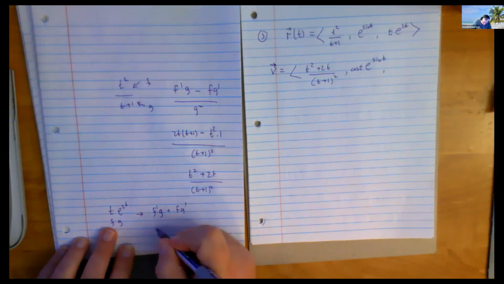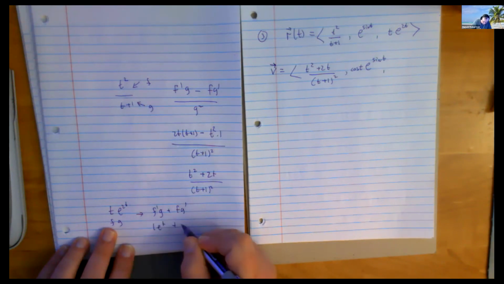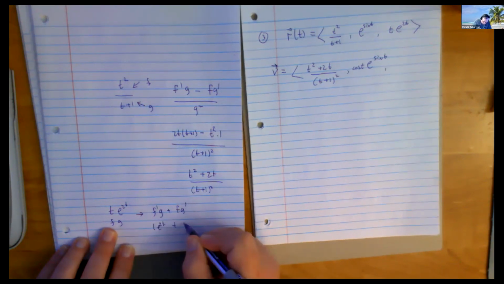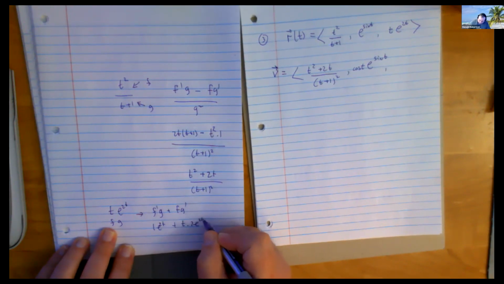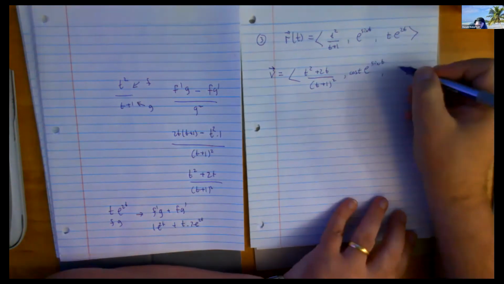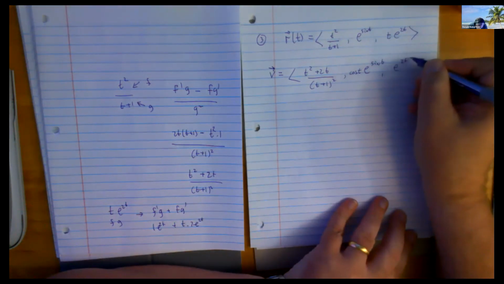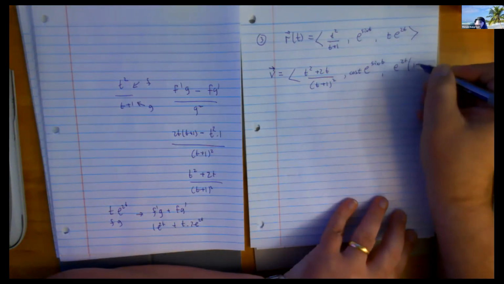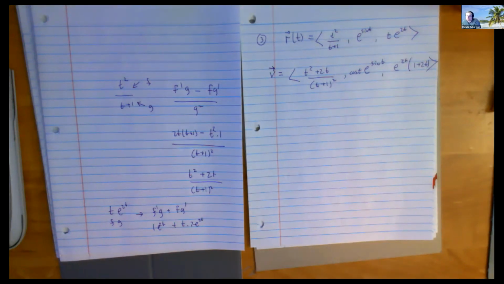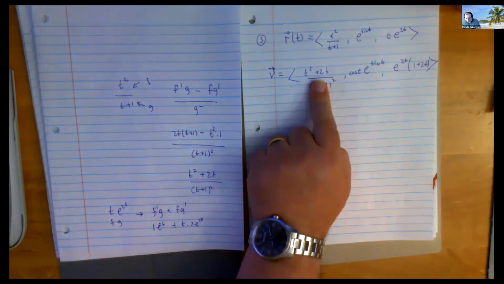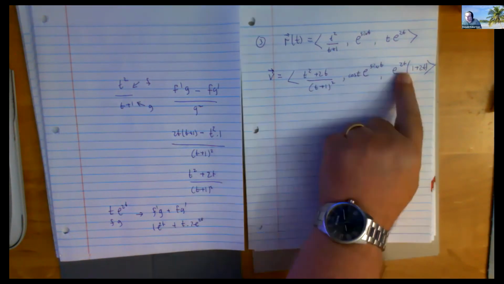That's going to get me 1 times e to the 2t. This is going to get me 2 times 2e to the 2t. So that's going to get me an e to the 2t when you pull it out, and a 1 plus 2t inside, and we are done. So quotient rule, chain rule, product rule.